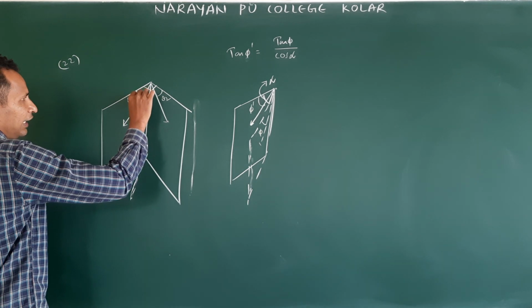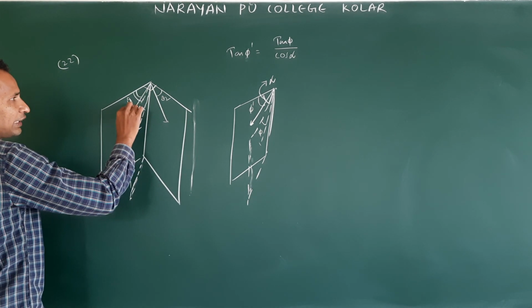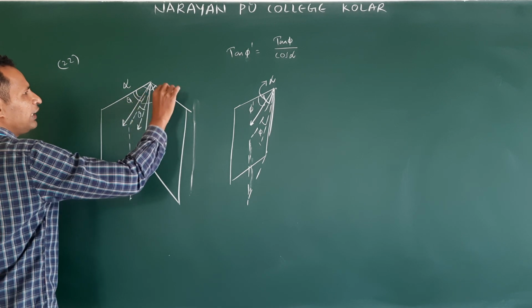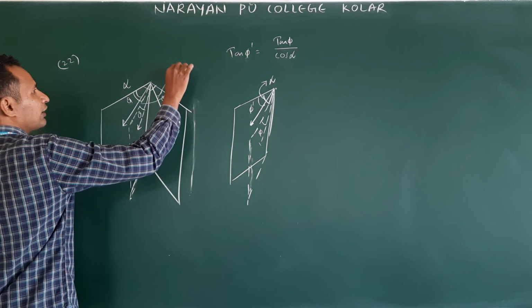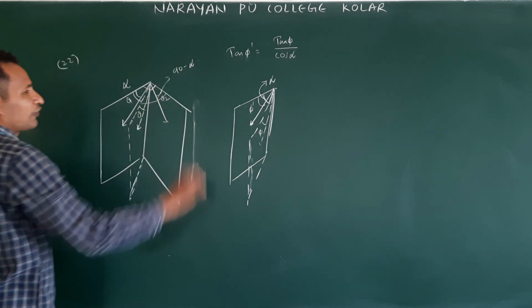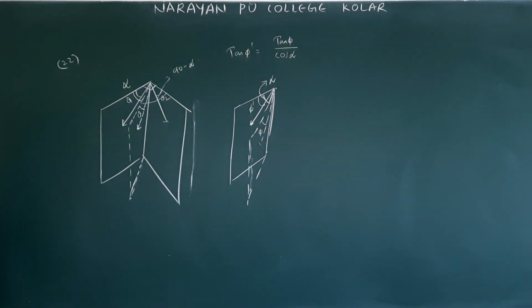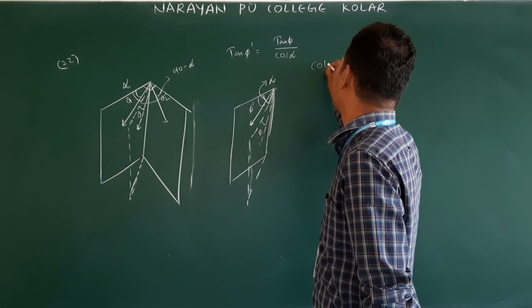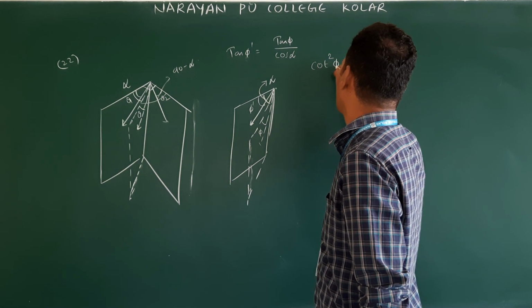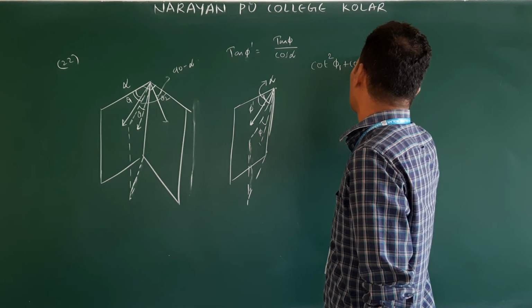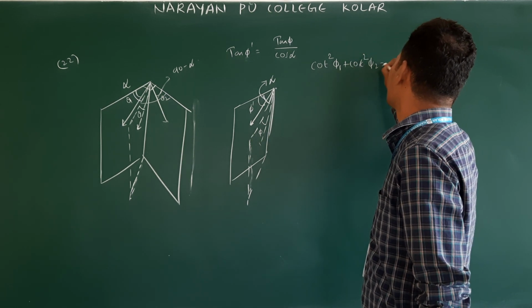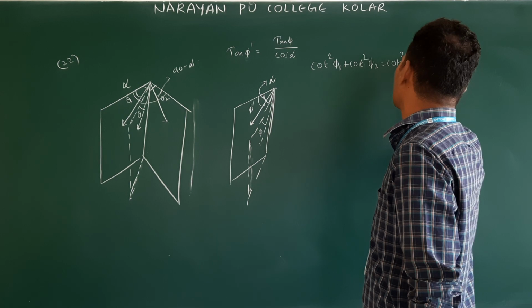The dotted plane and the apparent dip theta 1 plane. If you take it as alpha, the remaining angle will be what? 90 minus alpha. This I have done. What is the relation? Cot square phi 1 plus cot square phi 2 is equal to cot square phi.